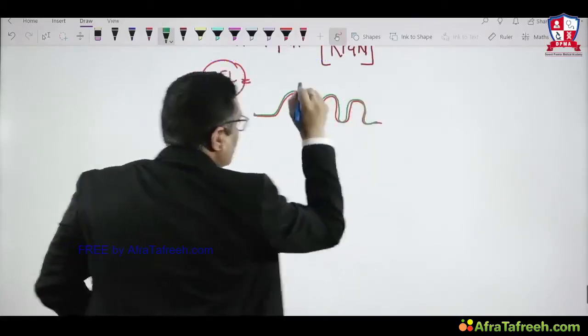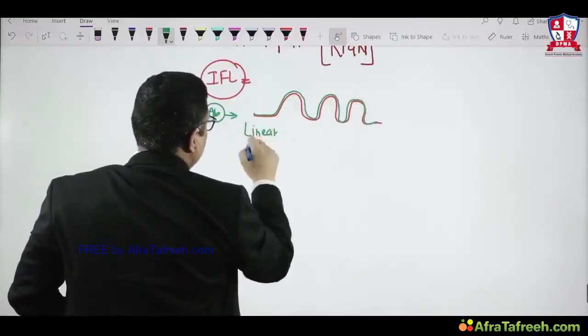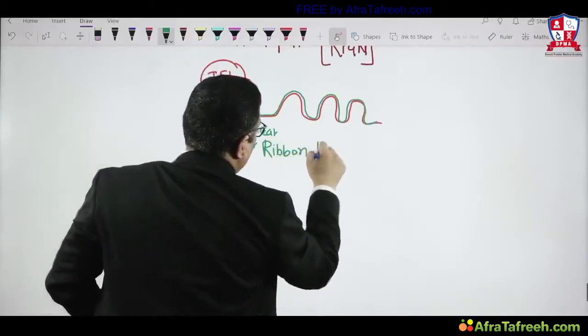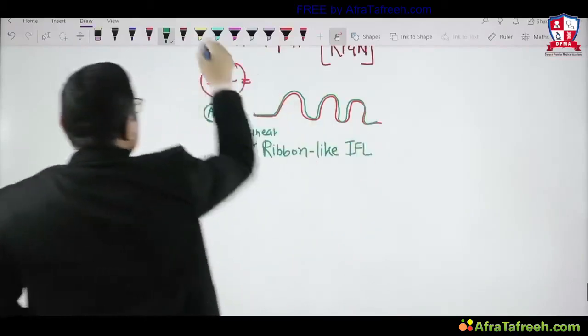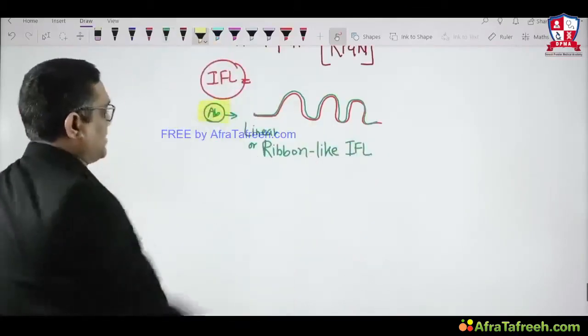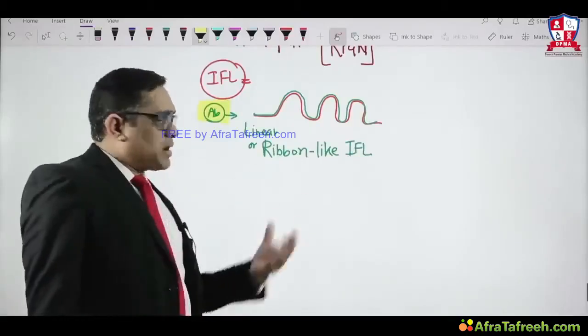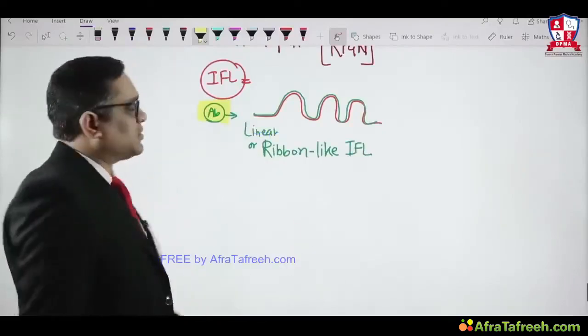This is called the linear pattern of immunofluorescence, a linear or ribbon-like immunofluorescence, which is suggestive of antibody mediated damage. That is what we have discussed just now. So a linear, ribbon-like immunofluorescence will be present in Goodpasture syndrome, right?